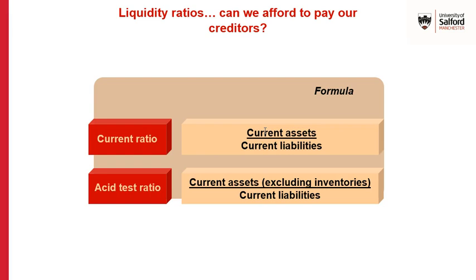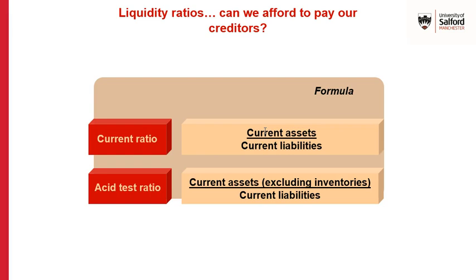We can see from the current ratio, and similarly for the acid test ratio, the payment policy and how well the company is managing its debtors.